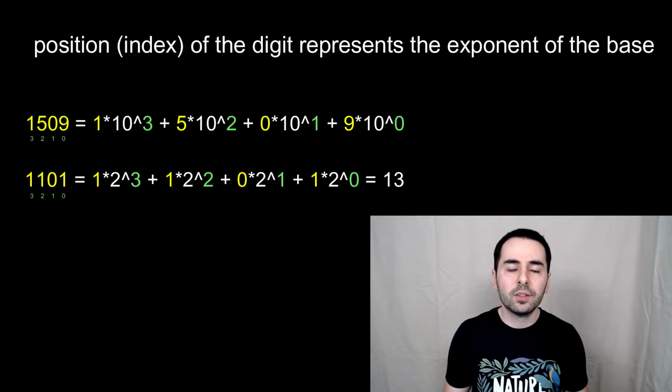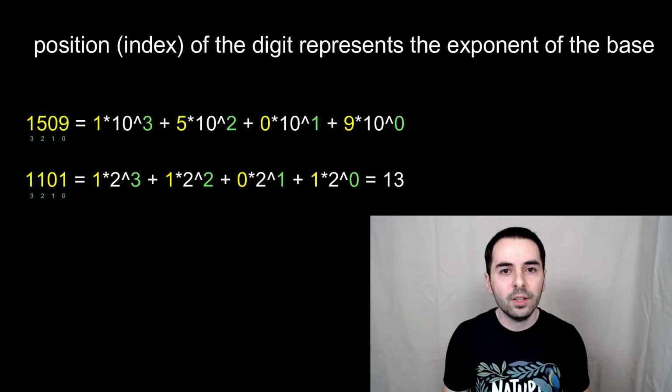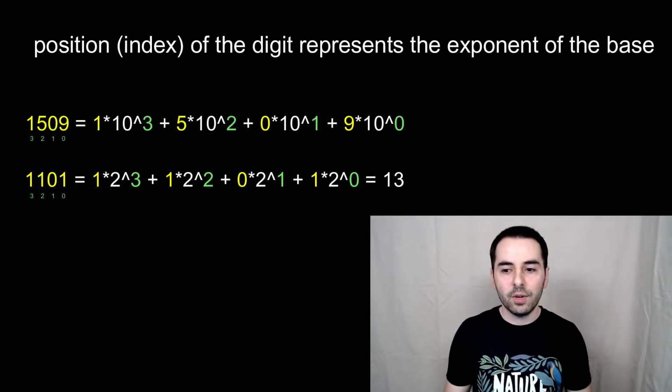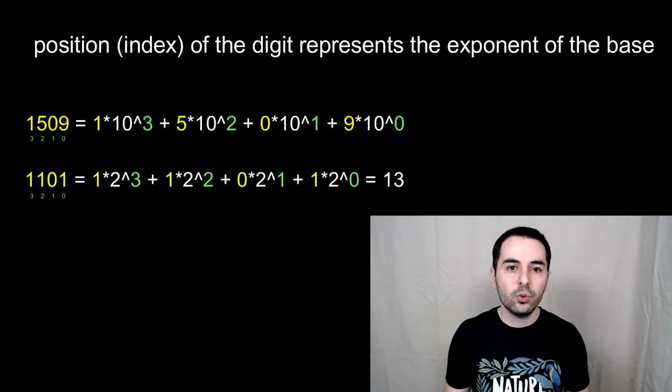So it will be 1 times 2 to the power of 3. The second one will be plus 1 times 2 to the power of 2. The third one is 0, so it's 0 times 2 to the power of 1. And finally, the last one is 1 again, so it's 1 times 2 to the power of 0. If we sum this all up, we'll see that 1101 in base 2 is actually 13 in base 10.